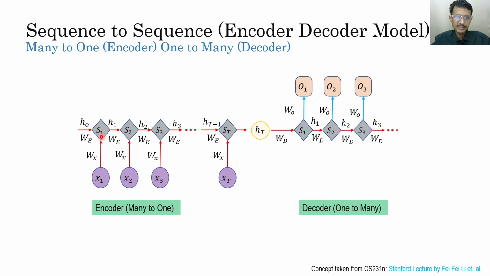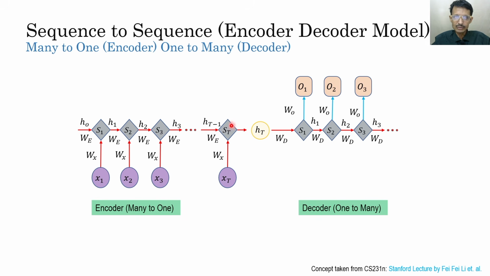Every time Wx is multiplied with it. Now from S1, this state, some previous input, maybe H0. If there is no state, it's maybe some parameters of 0. This We is basically the weight matrix for this, E for encoder. So this H1 is the previous hidden input, then S2, S3, and so on.